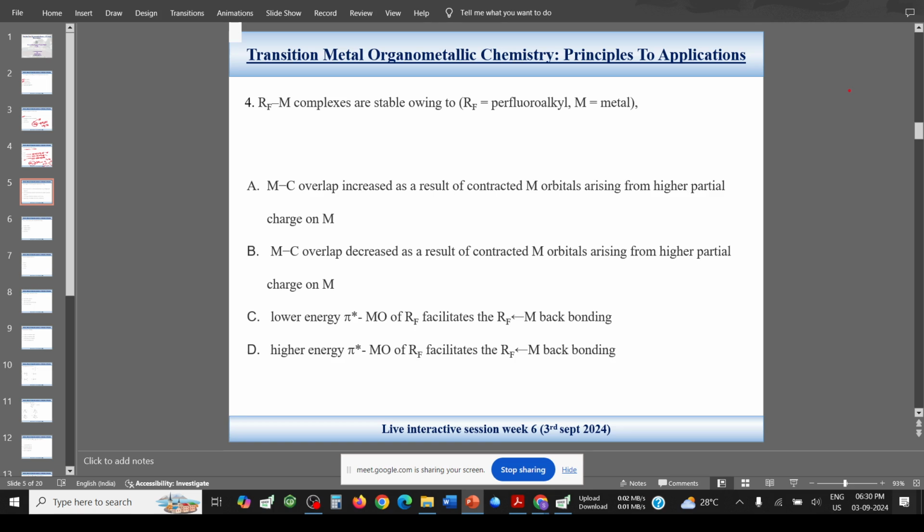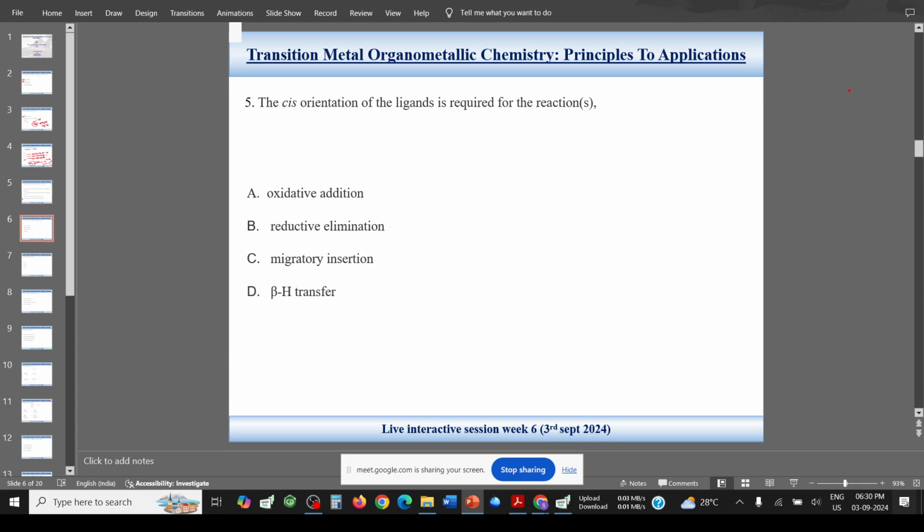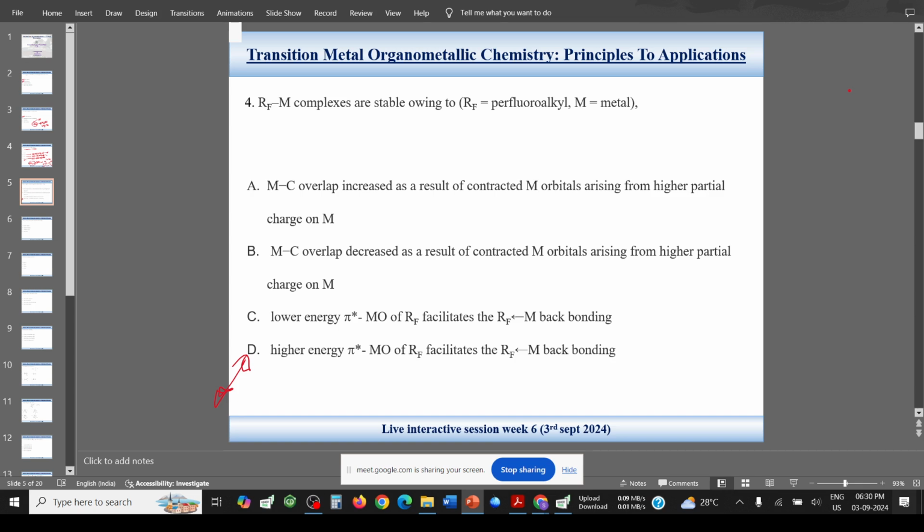Option D, sir. You are saying option D. Okay, so think about it. Our question is about perfluoroalkyl metal complexes stability.